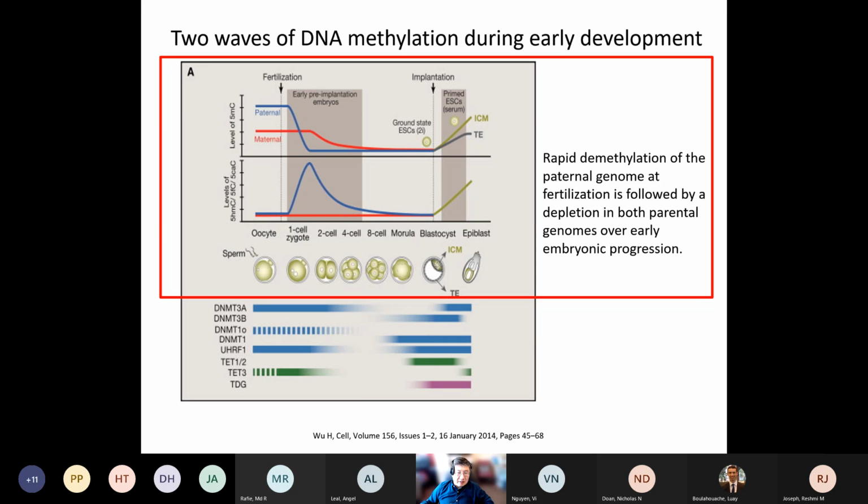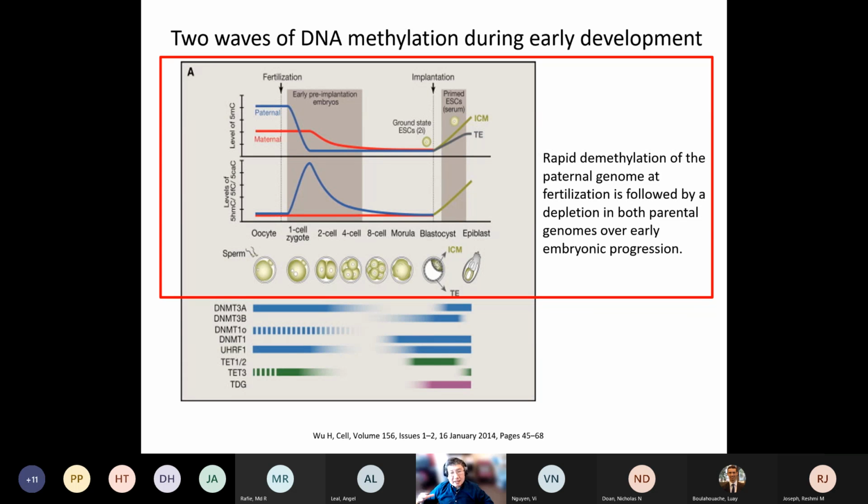But once fertilization happens, the paternal DNA will quickly get demethylated, while the maternal will also get demethylated, but it happens slower than on the paternal side. At the ES cell stage, that's when the cell is in the stage of inner cell mass, it has the lowest DNA methylation.